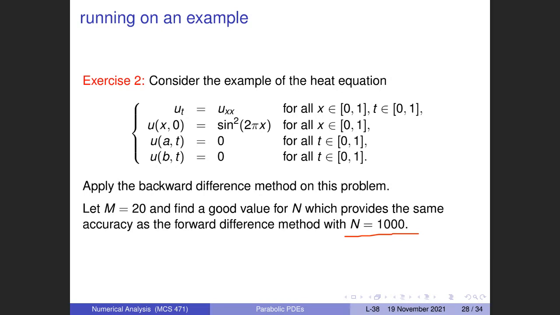So compare the end value. If you run the simulations, you have one last column, compare the last column. Use the same value for m, but can you do fewer time steps with this backward difference method?